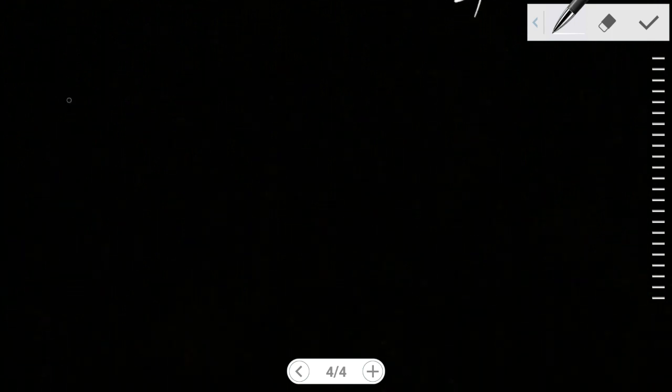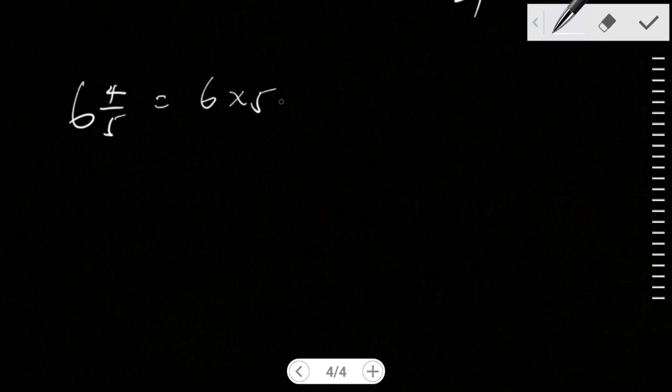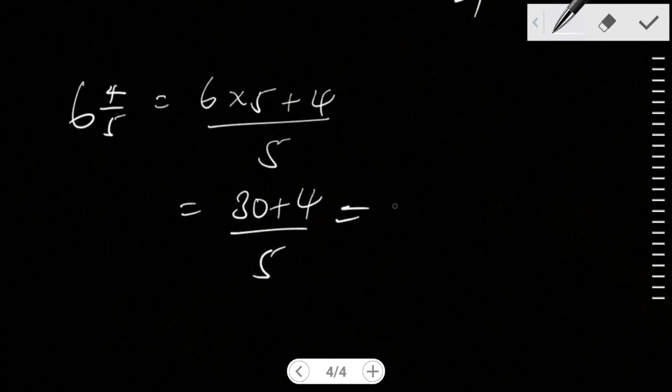If I have 6, 4 out of 5, this would be equal to 6 times 5 plus 4 all over 5, which is 30 plus 4 all over 5. So this would be 34 all over 5.